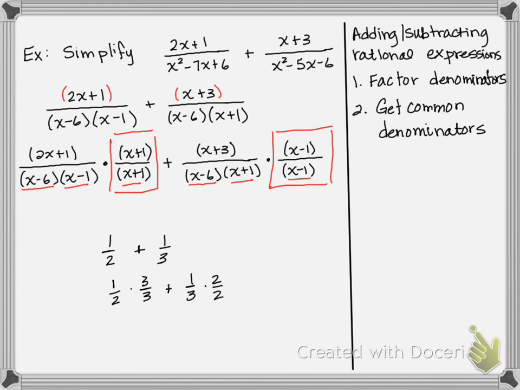So same exact idea here. Is it always a factor of 1? Yes, because multiplying by anything other than 1 changes the value of an expression, and then we just have a completely different expression. Other questions?